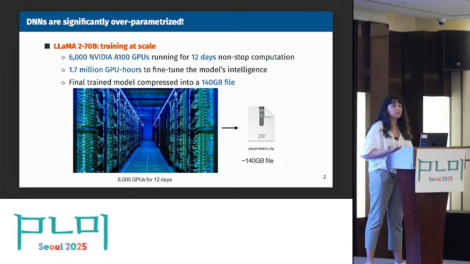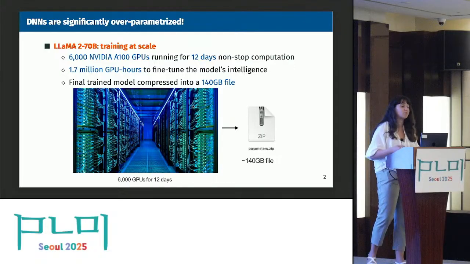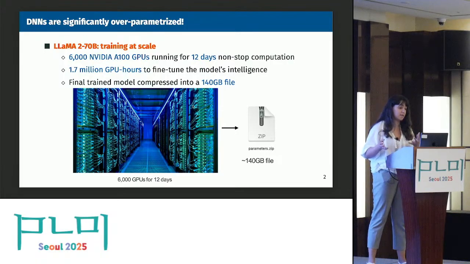So why am I giving these numbers? It is to show that it's true that such models are huge and complex, but sometimes we do not need all this complexity, and this is why there are some new techniques for doing reduction and optimization.